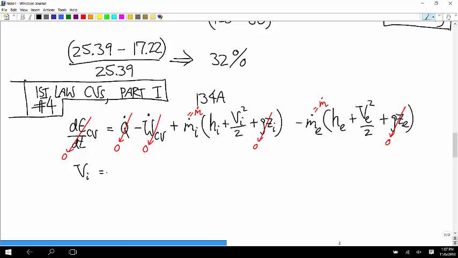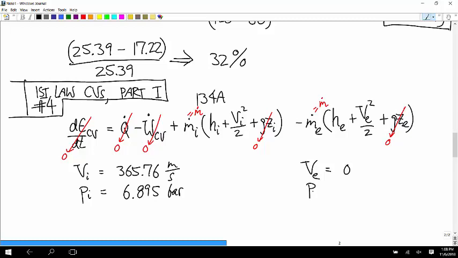So what's the speed? Okay, that's meters per second. And then the pressure, if you convert that to SI units, 6.895 bar. And then we know that the speed is negligible at the exit. The pressure at the exit, what was that when you converted it?